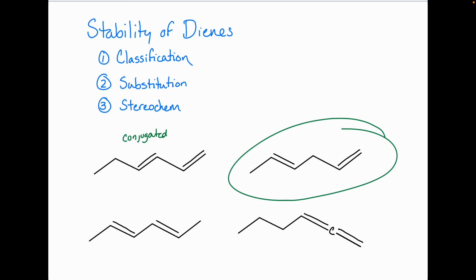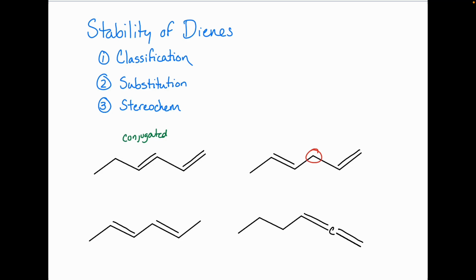What about this next one? These ones are isolated. I got this sp3 hybridized one in the middle here, messing everything up, preventing those two from communicating with one another. So this is isolated. What about my third one? This one's also conjugated. And then the last one, cumulated.